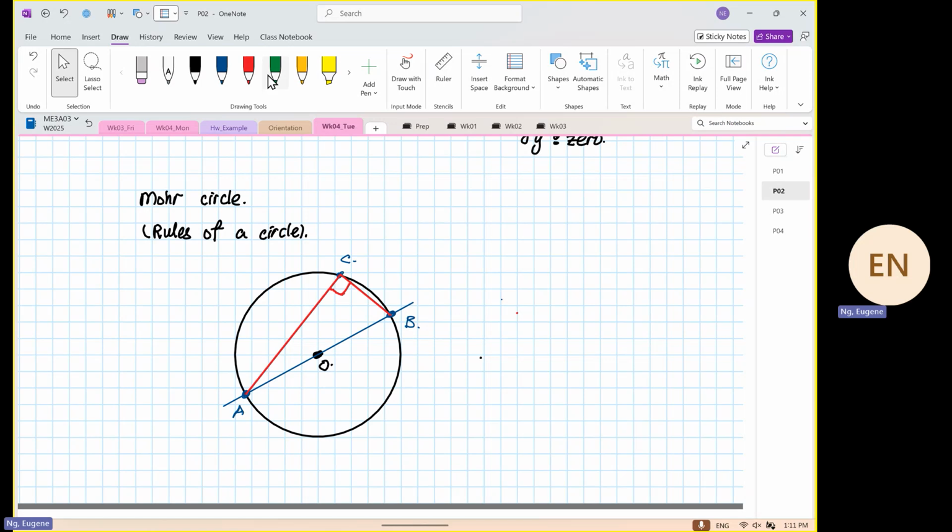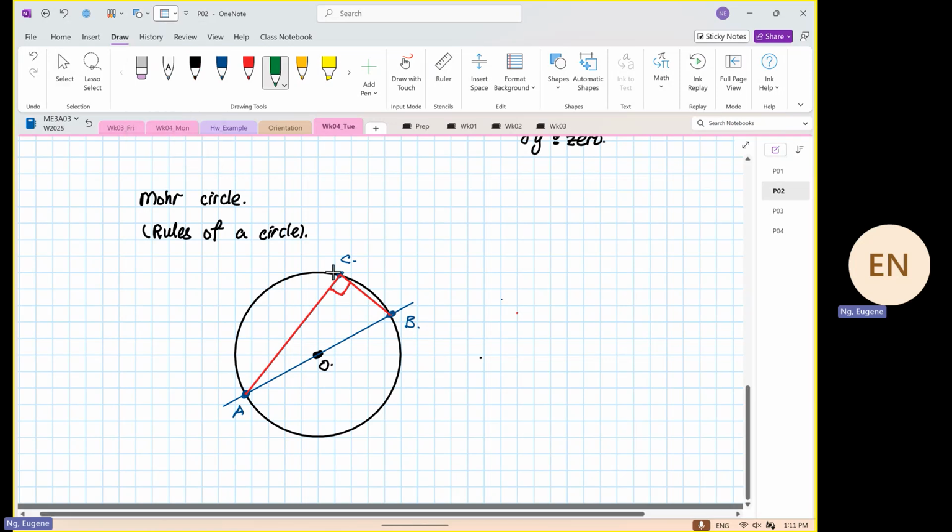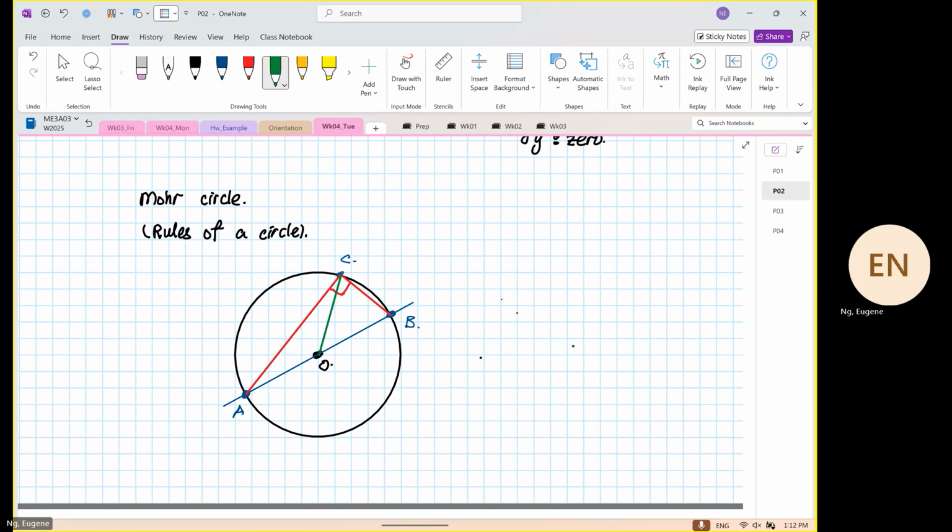From here, I'm going to now draw a line from point C to point O. I'd like to label this angle CAO as alpha, or CAB.